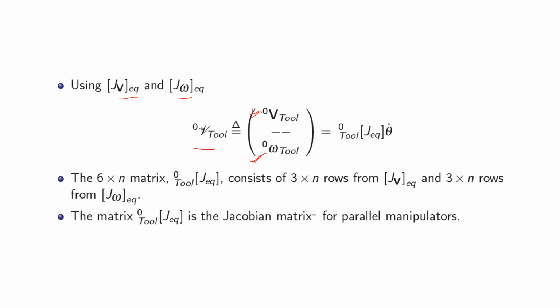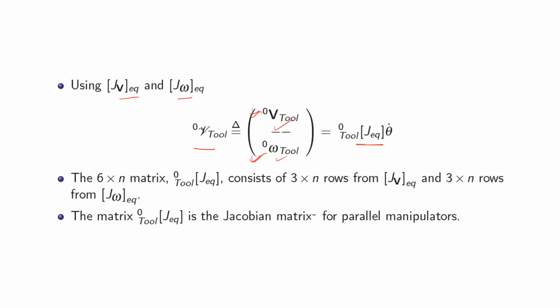So remember this is meters per second and this is radians per second. So these are different units, and we can write this together as J equivalent of tool frame to 0 into theta dot.